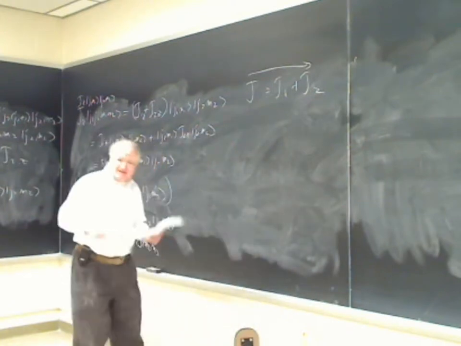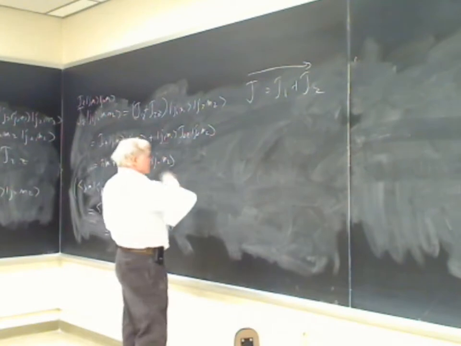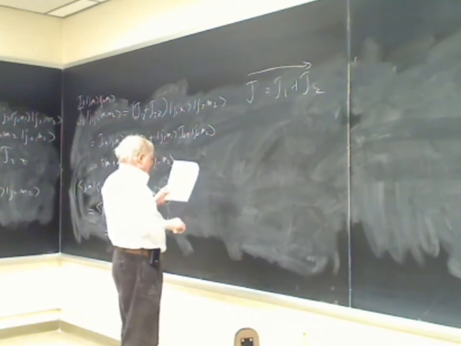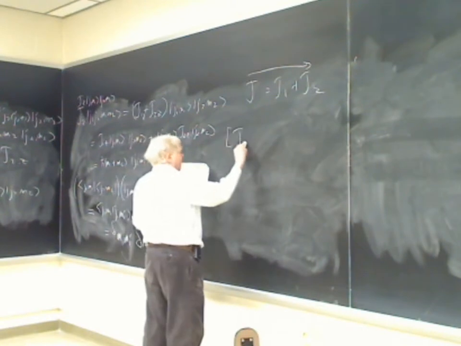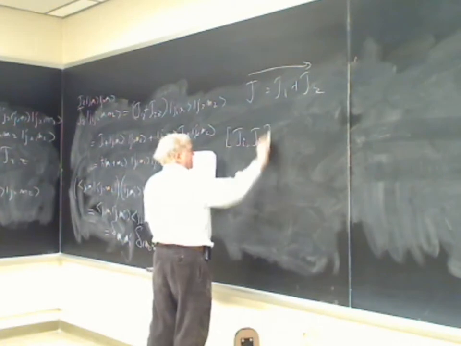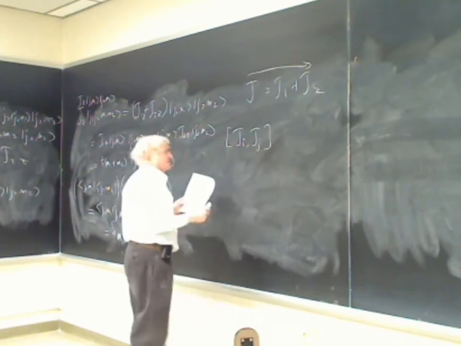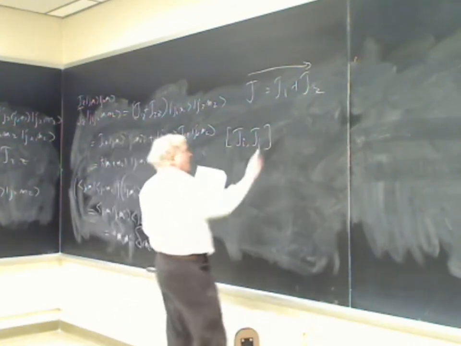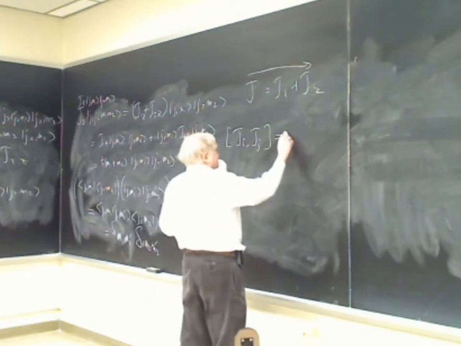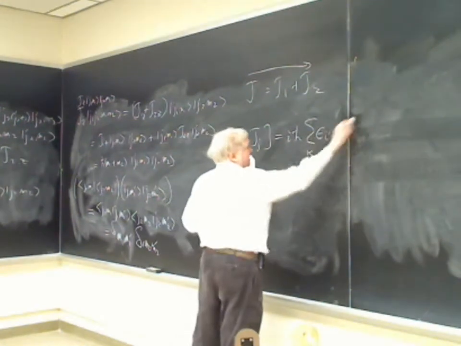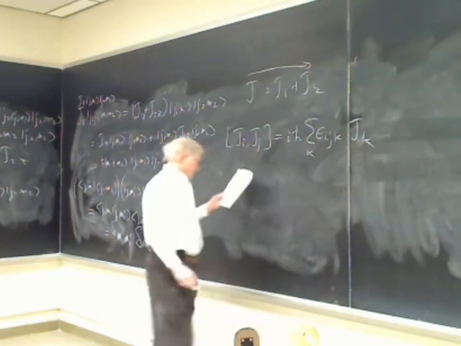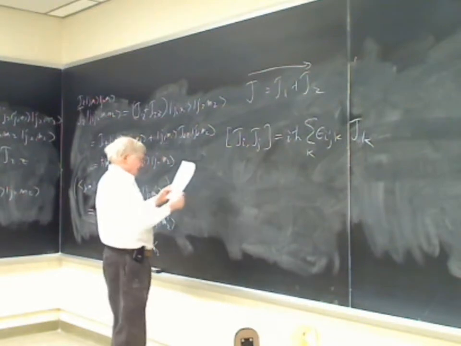What that means is, does it have the right commutation relations? I'm just going to check the commutation relations of J with itself. We want this to be I H bar sum on K epsilon I J K J K. That's what we want. Well, what do we have?